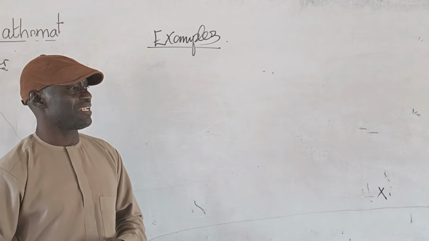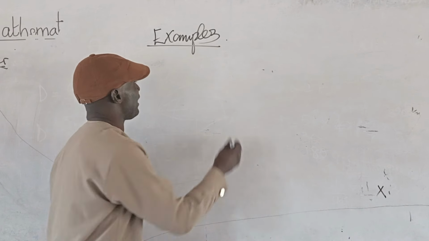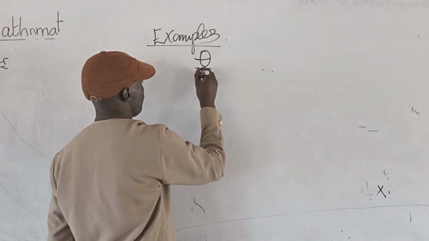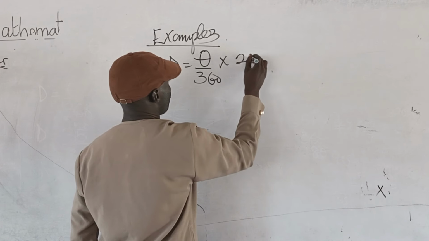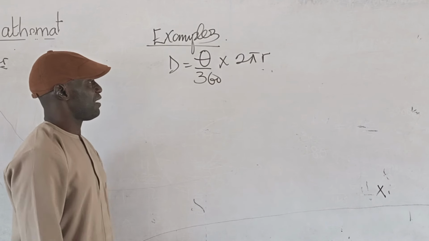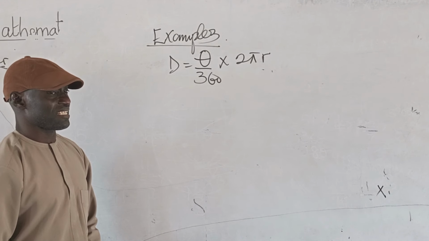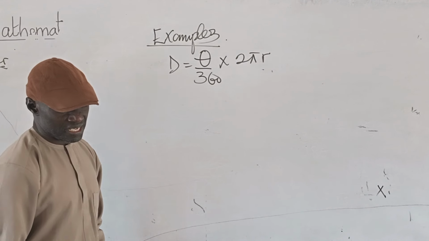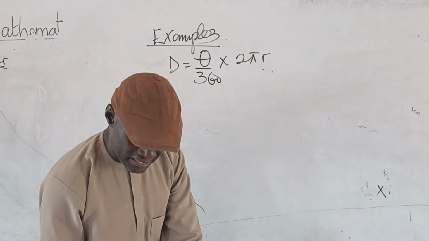How to calculate distance along the parallel of latitude: the formula says theta over 360 times 2 pi small r. This is the number 2 formula I've given out. I want to use this formula to work on this exercise. The question goes like this.